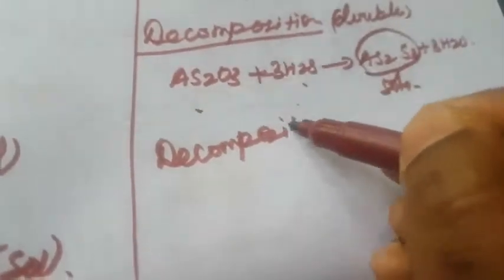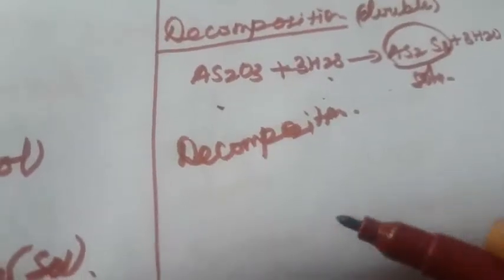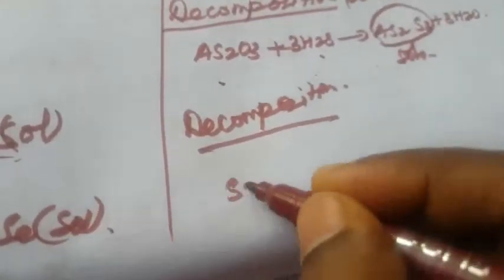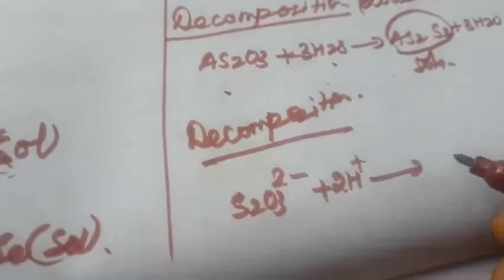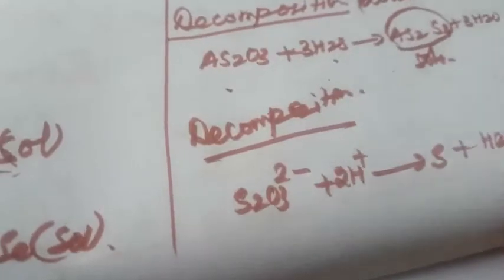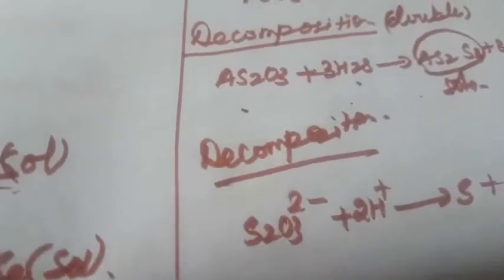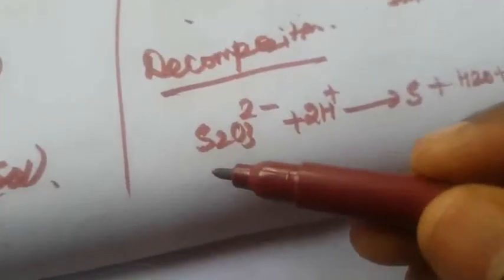So what is decomposition? A few drops of an acid are added to a dilute solution of sodium thiosulfate. Here S2O3 2-, with 2H+, sodium thiosulfate, gives SO2. When the thiosulfate ion decomposes, it produces sulfur, water and sulfur dioxide.